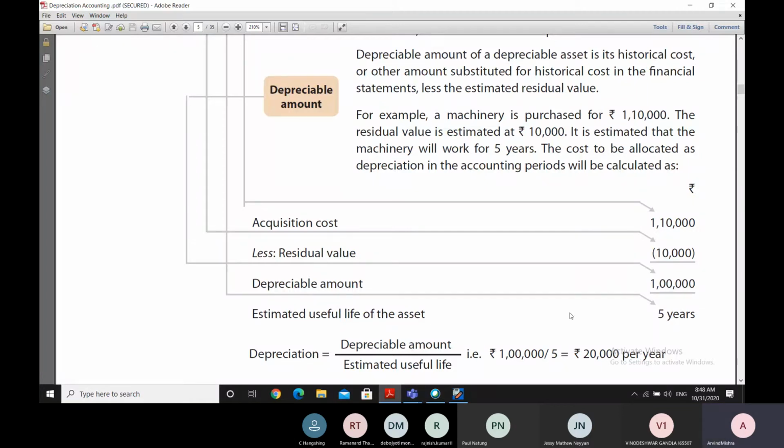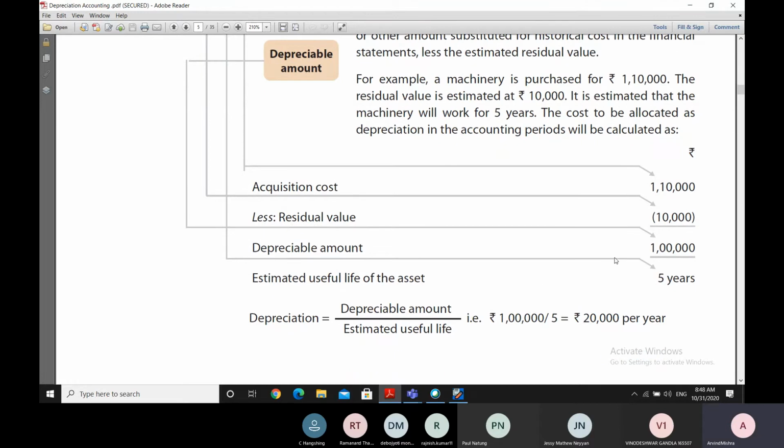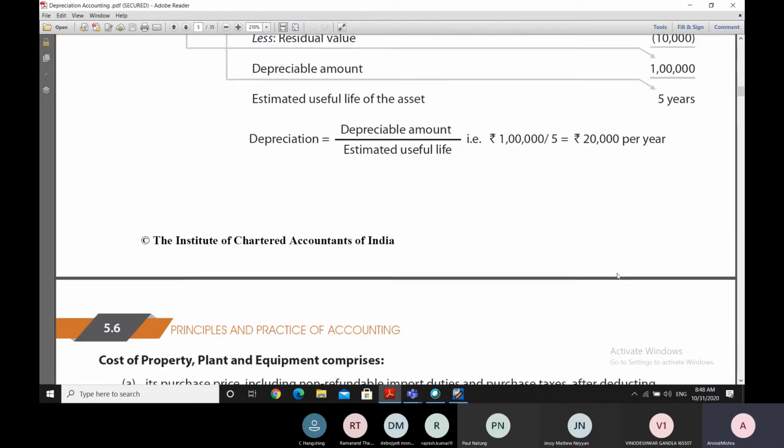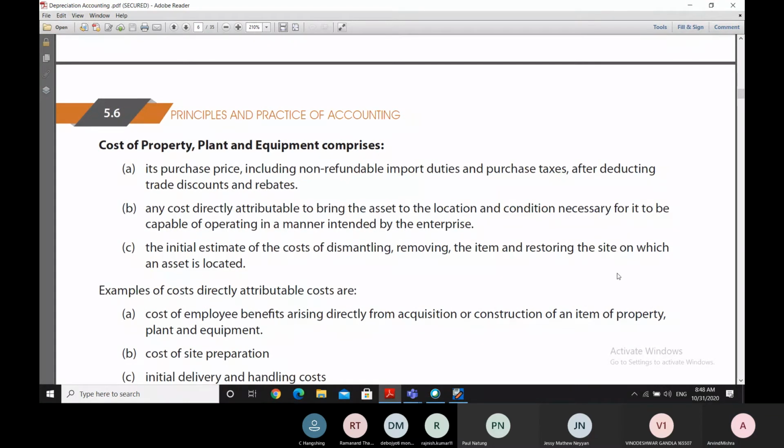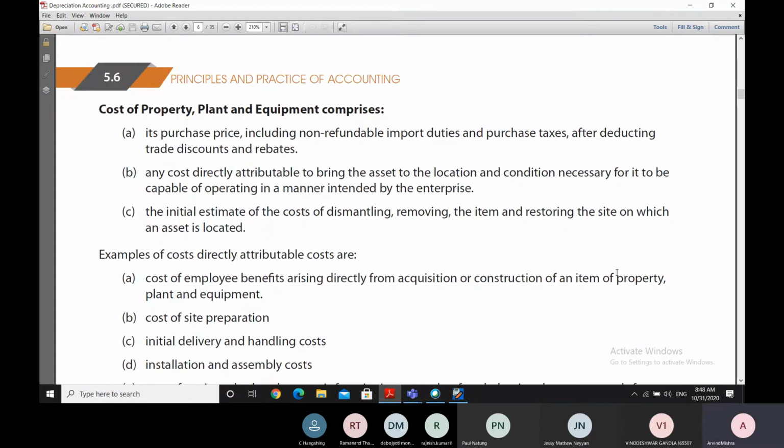This depreciable amount is to be depreciated over the useful life, and the useful life of the asset is 5 years, so every year a depreciation of 20,000 rupees will be allowed in such a case. This is a normal way of understanding the allocation of every year, but of course we'll come to the various methods that are used for accounting for depreciation after some time.